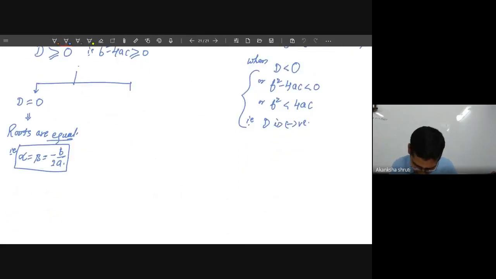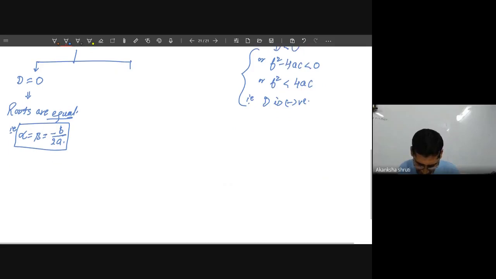So the 2 is here. What was minus b by a? That was sum of the roots. That we will also see. It is this one. Now the next one is when D is greater than 0. While D is greater than 0, then again two possibilities are there. It may be possible that D is greater than 0 with perfect square.